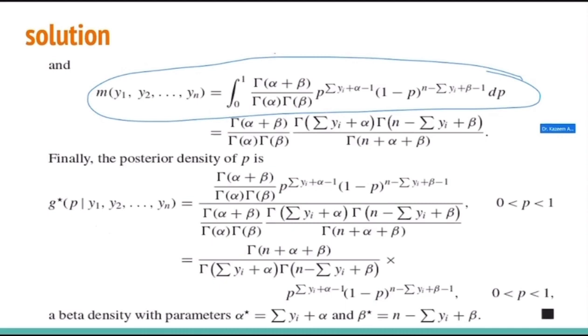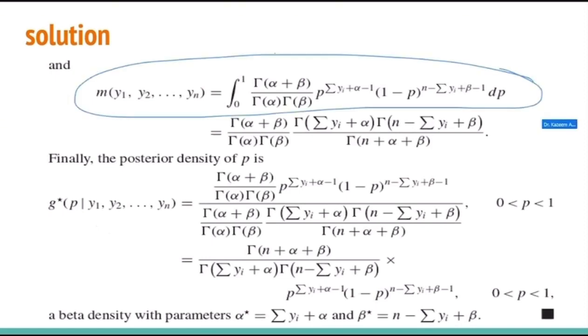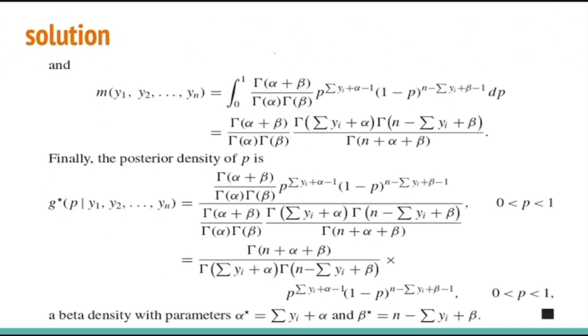I'm integrating with respect to p, with limits 0 to 1, because that is the range of p. Don't forget, the parameter p, the proportion, lies between 0 and 1. Now let me handle the total first, integrating with respect to p. Anything other than p is going to leave, which is what we have here.